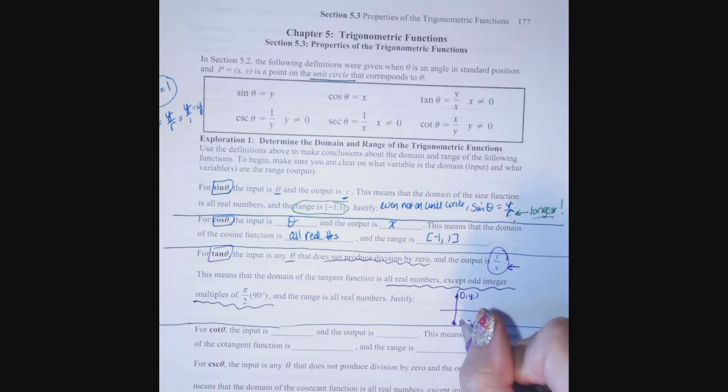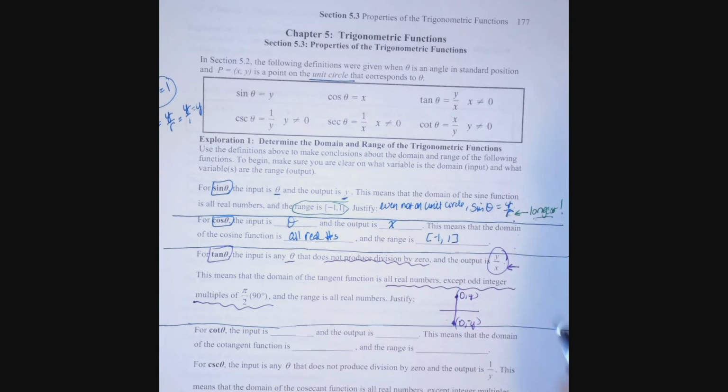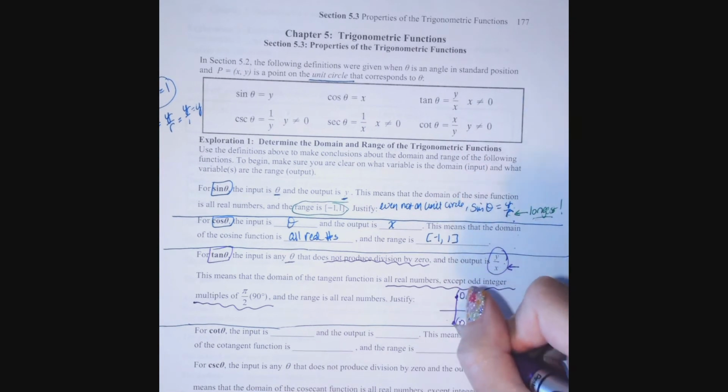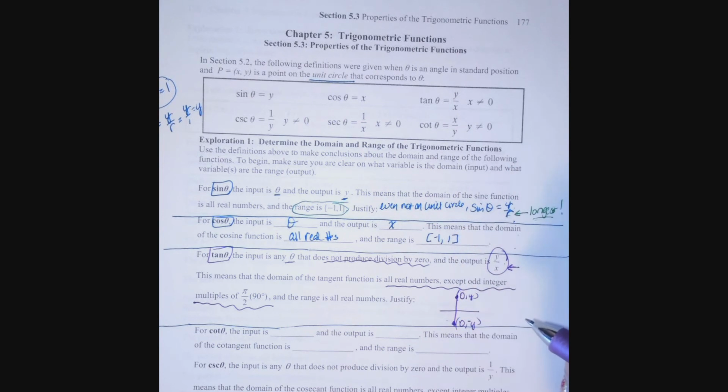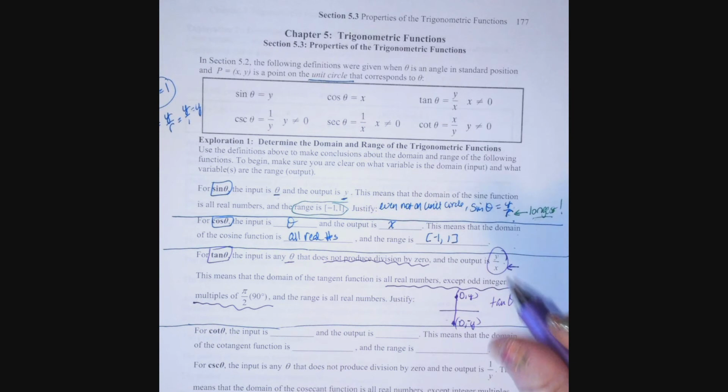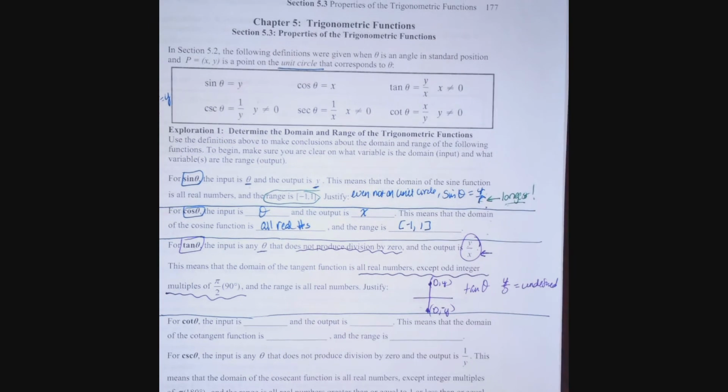I've got a y and I've got a negative y, right? So at those values, tangent of the pi halves is undefined. So at tangent theta, where theta is one of the multiples of the pi halves, you get y over 0, and that is undefined. So we have restrictions there.